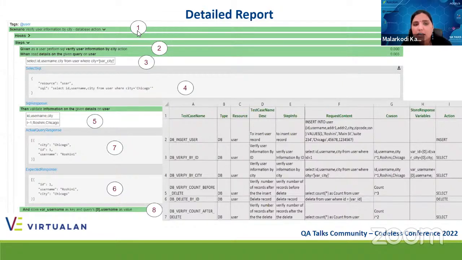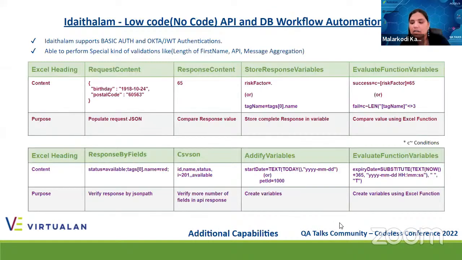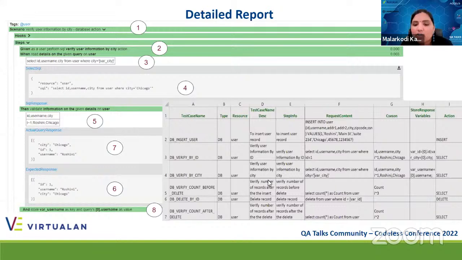Number 1 represents verify user information by city, that is the test case name description for the 4th row. Then step info will be held in the second point, verify user information by city.